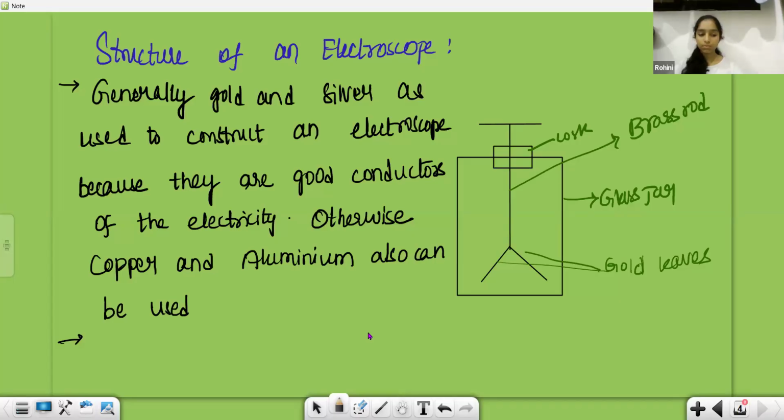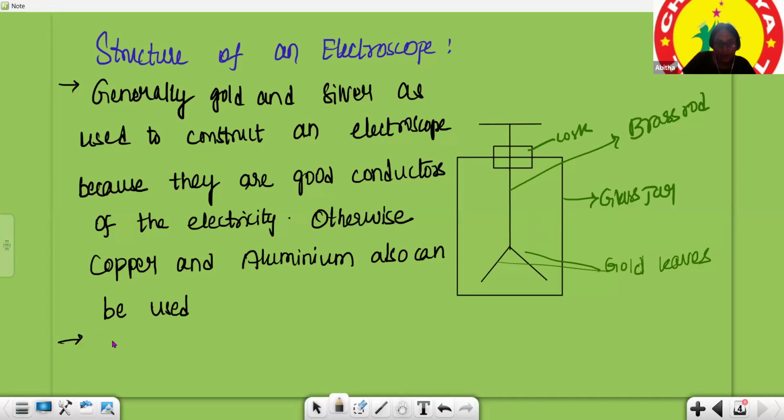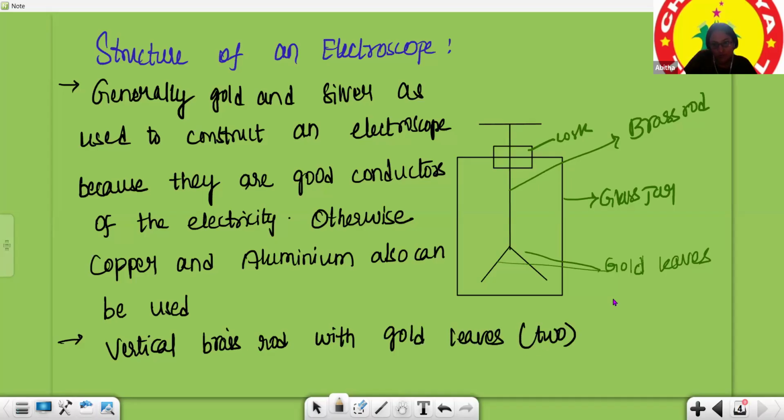Okay, ma'am. And you can see a brass rod. On the brass rod, a vertical brass rod is present, with two gold leaves suspended on one end.